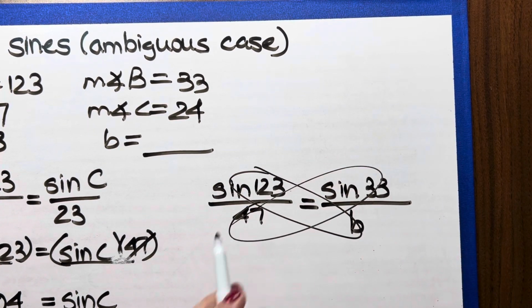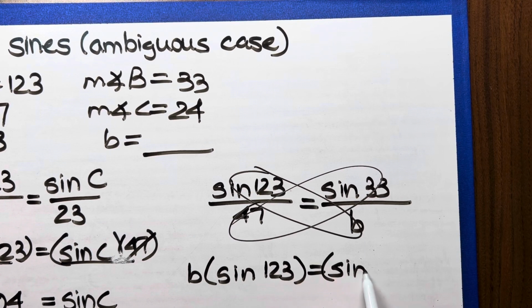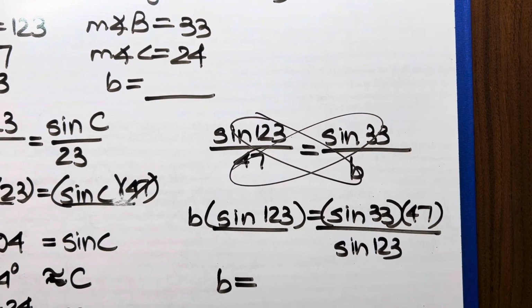So I'm going to cross multiply. b times the sine of 123 is equal to the sine of 33 times 47. We're going to divide both sides by the sine of 123 to get our b value. And let's round to one decimal place. It should be about 30.5.